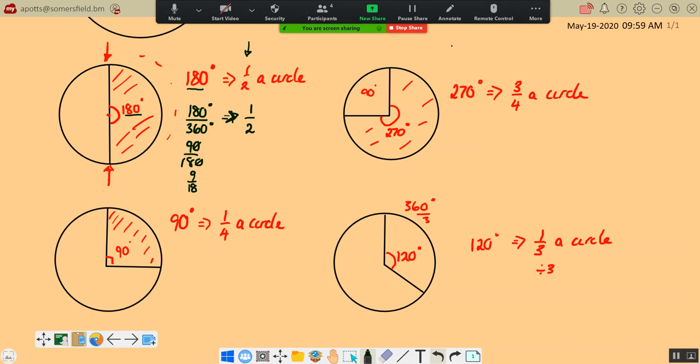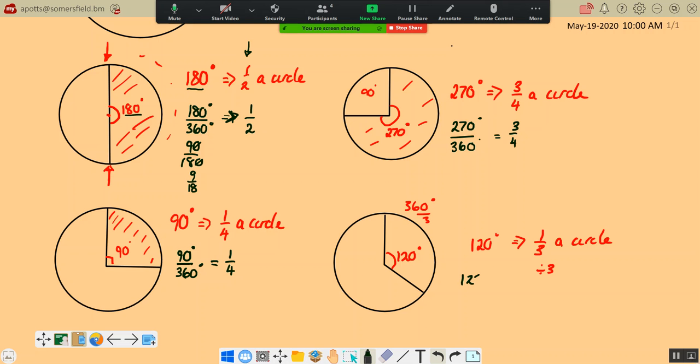That's what we did. So here, for instance, if I do the same thing, 90 degrees out of my 360 degrees is the same thing as 1/4. 270 degrees out of 360 degrees is equal to 3/4.